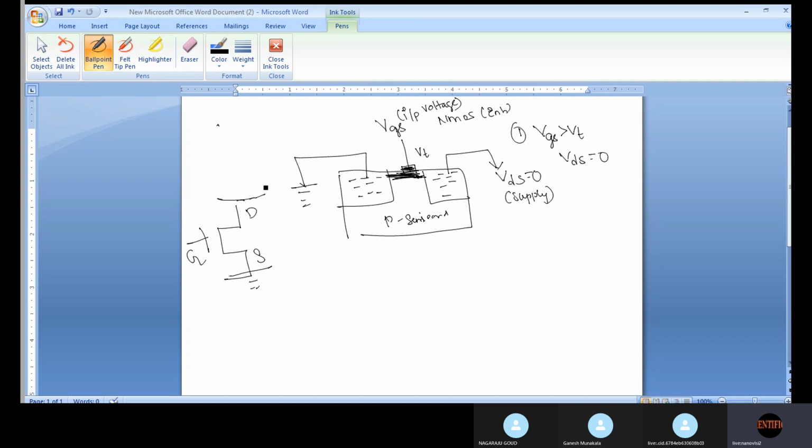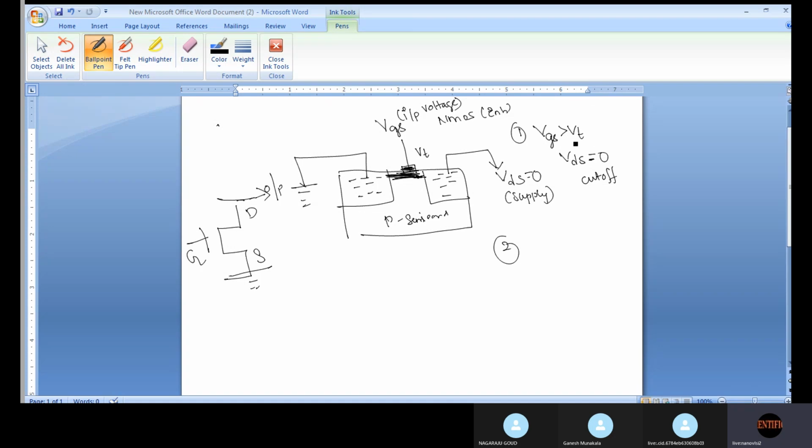Source we are grounding, and from the drain we are taking the output. The gate input voltage is given so that the channel is formed, and the first initial condition is VDS equal to 0. Whenever we are not giving any supply voltage, the device will be cut off. No conduction. This is clear.